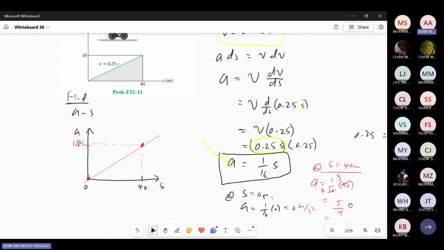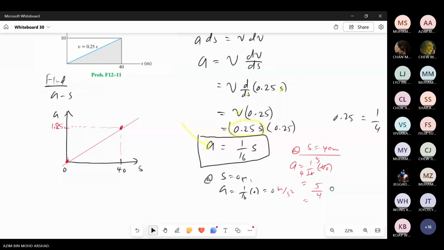Is this correct? Did anyone check? Oh, sorry, this is 5 divided by 2, not 4. So this is 2.5, not 1.25. Sorry, I made a calculation mistake. This is 2.5. But the chart is correct.